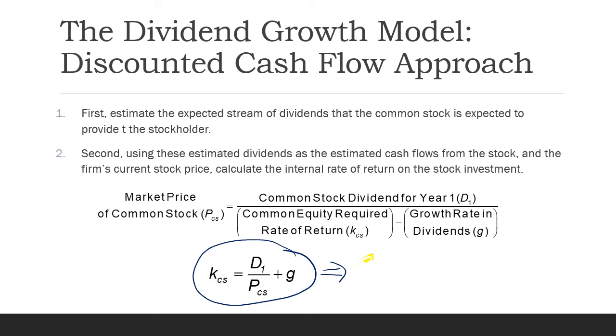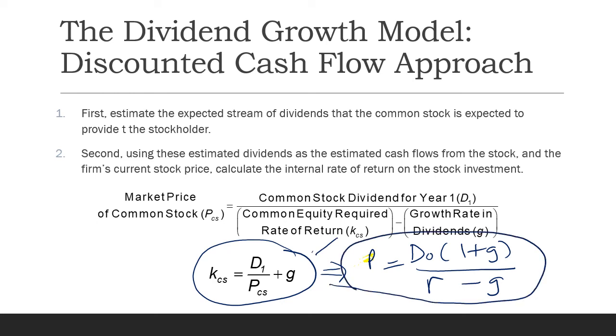So this is basically the stock value, which is the price, equal to D1 divided by R minus G, where D1 is D0 times 1 plus G. This formula is derived from that formula, so you just adopt it for calculation of the cost of the common stock.